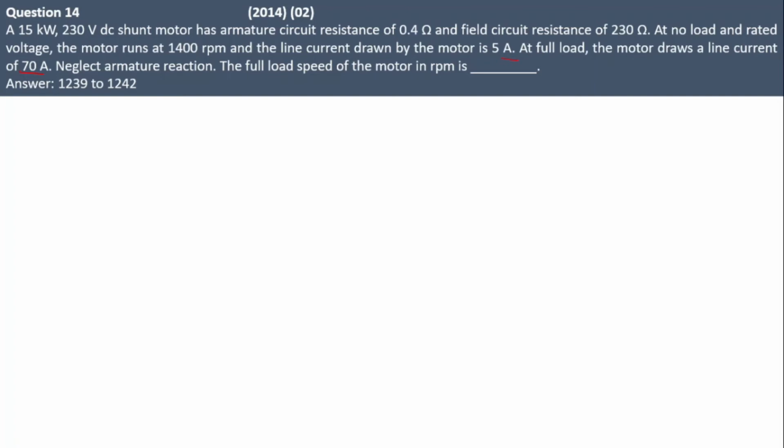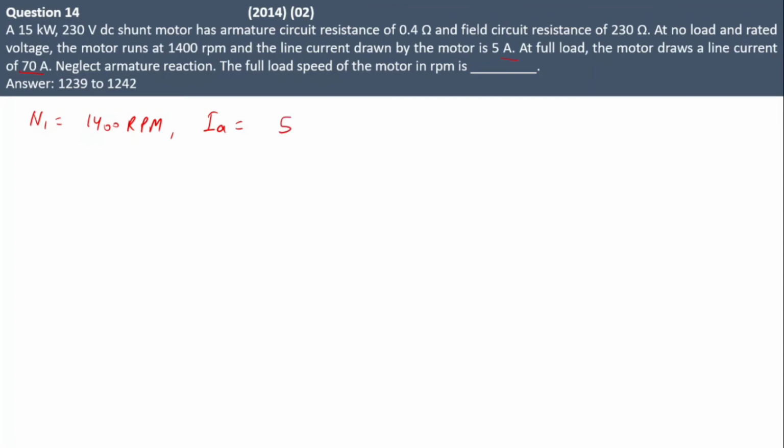So the no load speed N1 is given as 1400 rpm, and this is a shunt motor, so Ia equals IL minus field current.